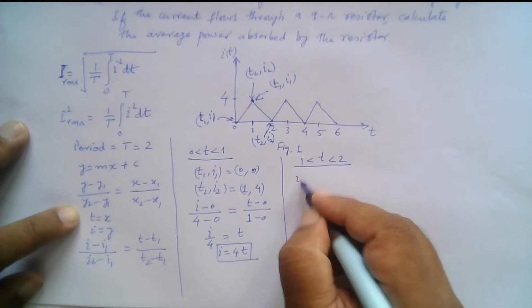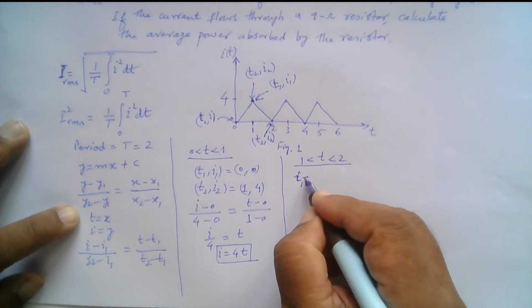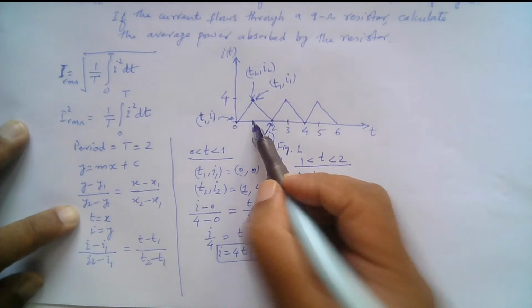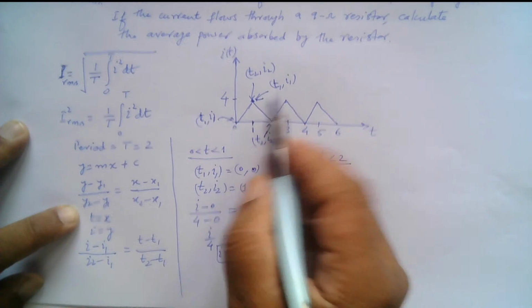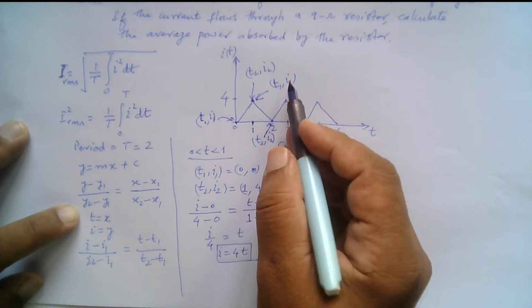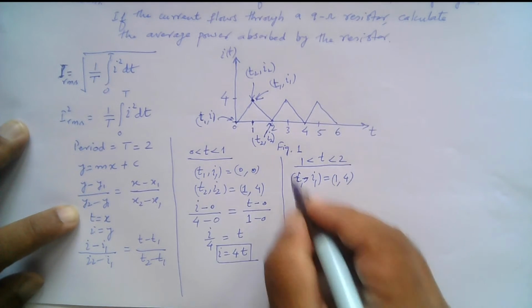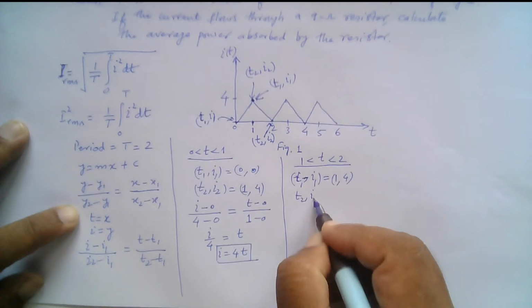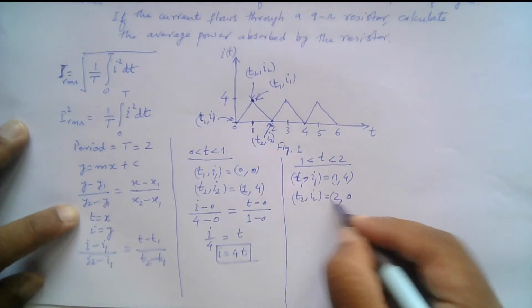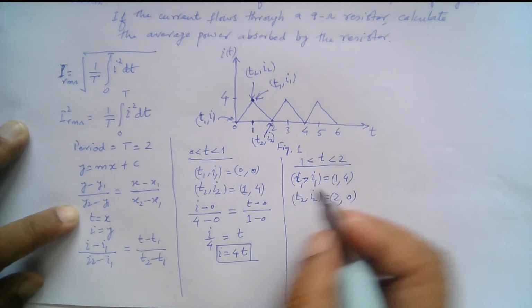For this case, T1 is 1 and I1 is 4. And at this point T2 comma I2, T2 is 2 and I2 is 0, right?